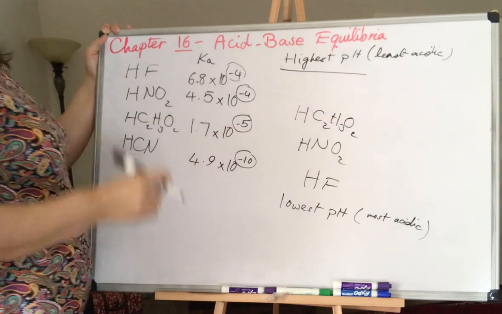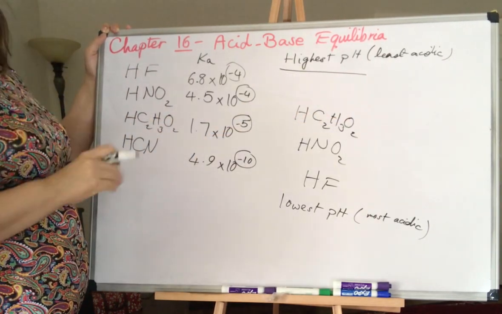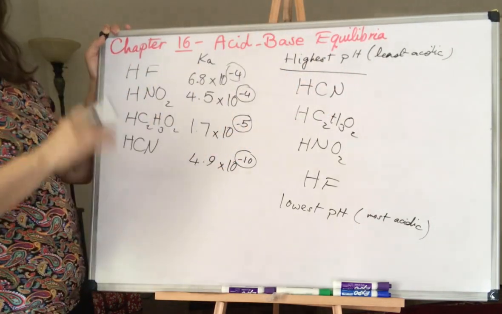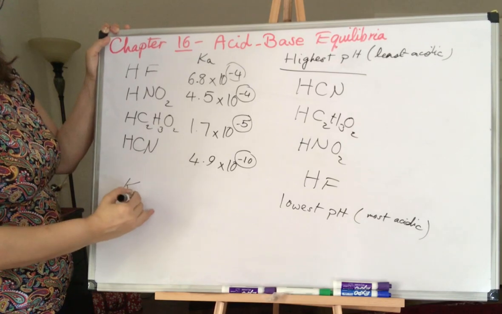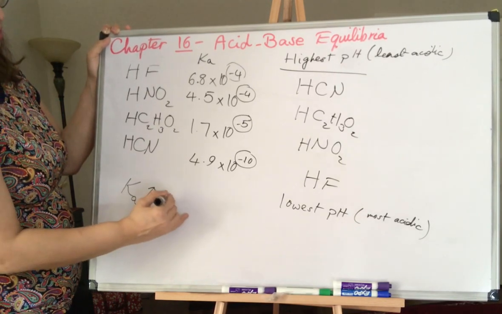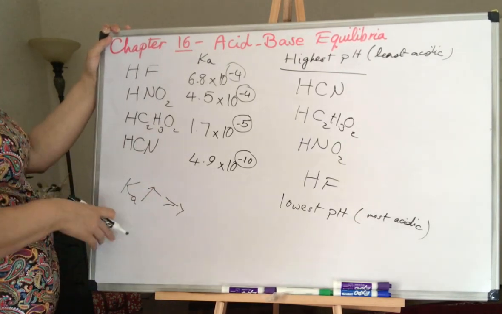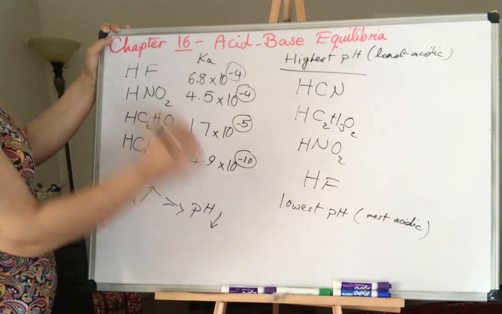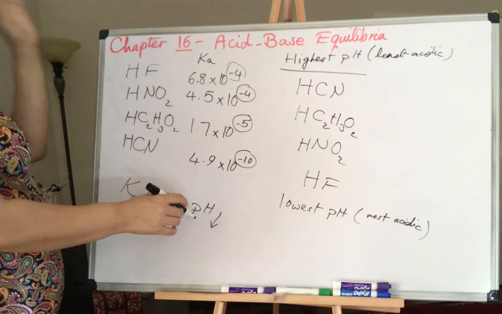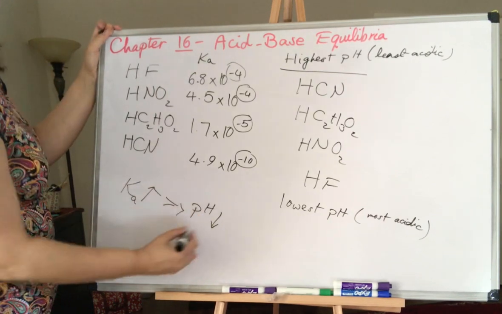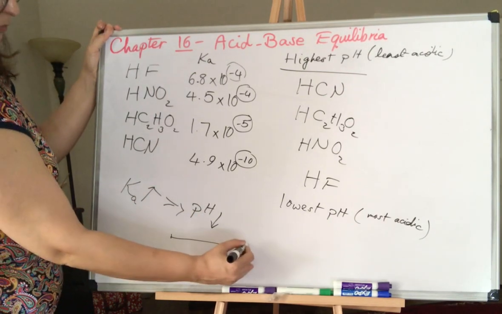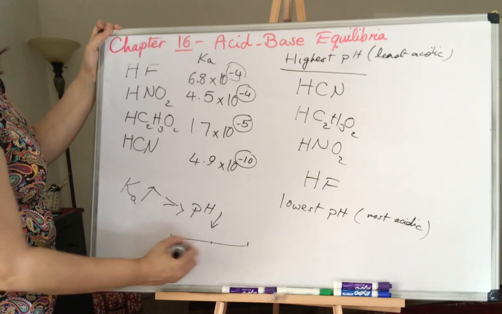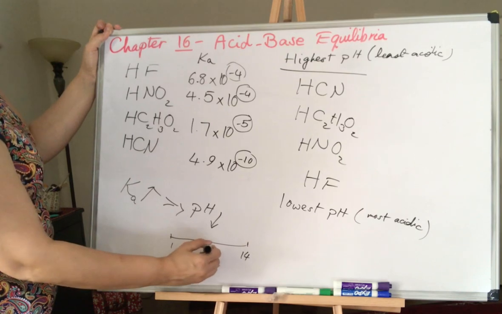And the lowest Ka, or the highest pH, belongs to HCN. So there is an inverse relationship between Ka and pH. The higher the Ka, the lower the pH.